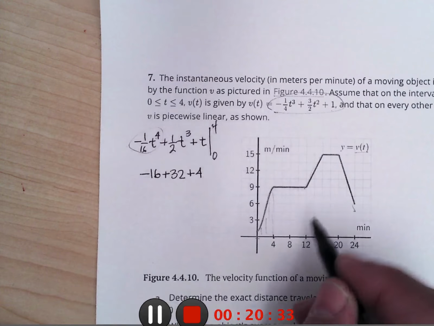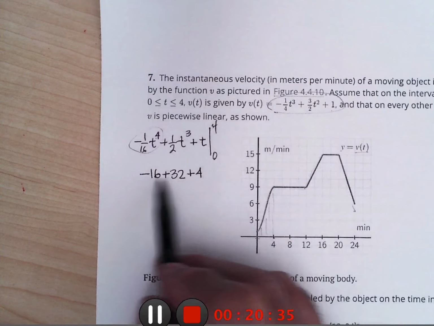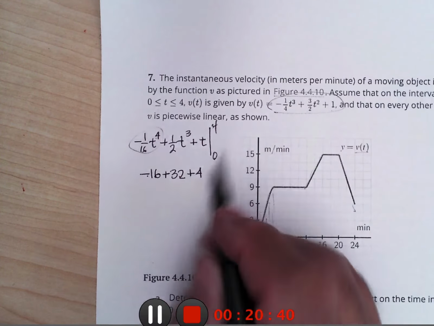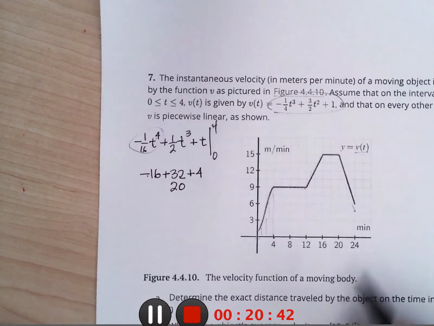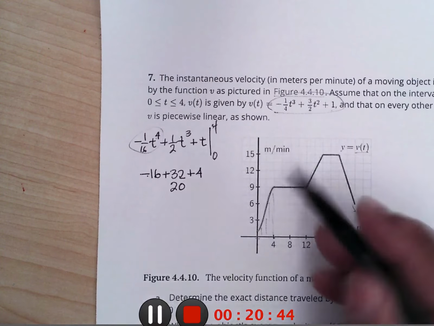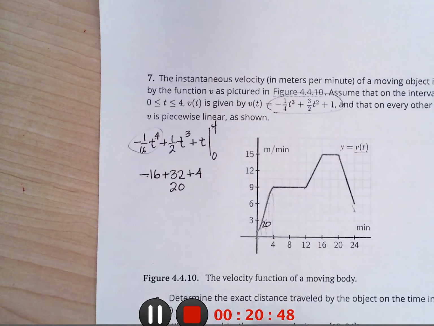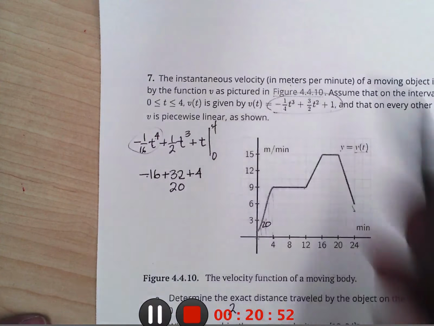So negative 16 plus 32 is positive 16 plus 4 is 20. So the area here is 20. So that's the exact distance, and that's 20 meters in those 4 minutes.